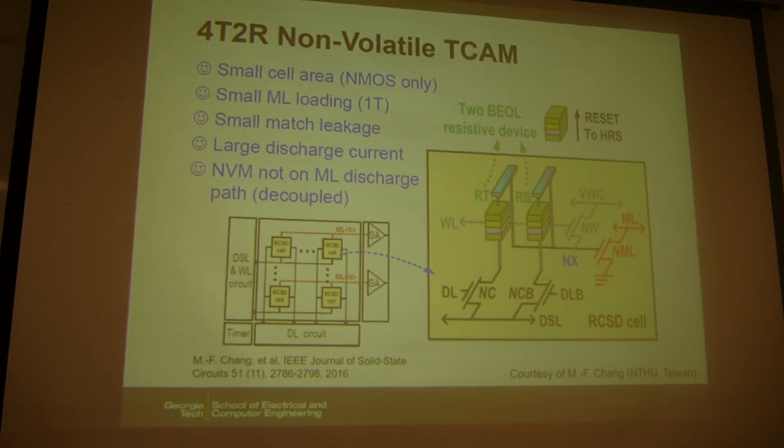So here is one design by the same group. It's called the 4T2R non-volatile TCAM. So the design is like this. Again, this is the pull-down network. You have two complementary pull-down MOS transistors.